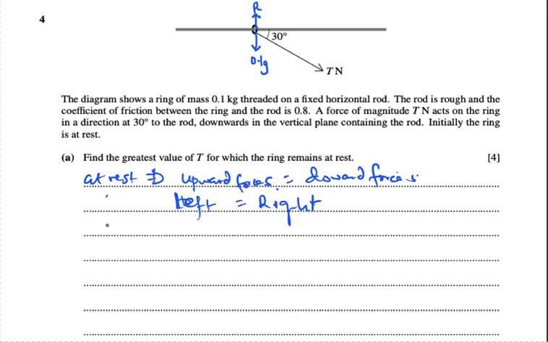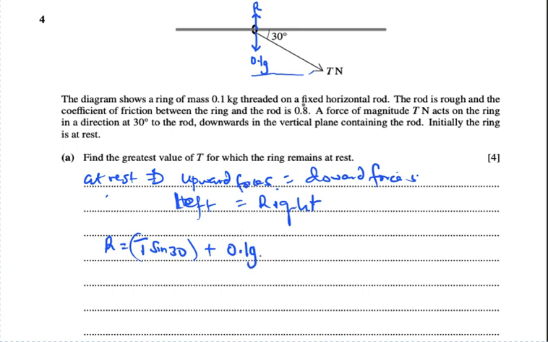R is the upward force, and R is equal to the downward forces. When we resolve T vertically, it will be T sine 30, plus there is already another force downwards, 0.1g.